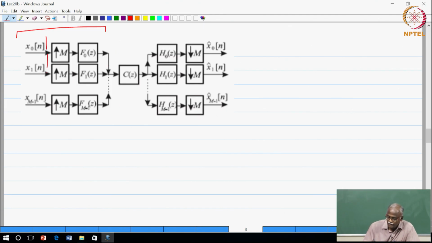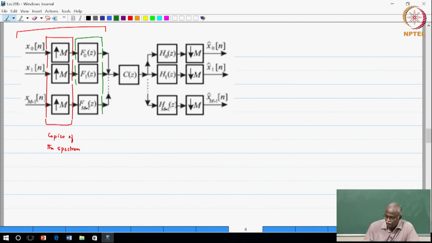If I were to draw a line around this block, this is where the copies of the spectrum are getting generated, am I right? So this is where the copies of the spectrum, as we saw in the 3-channel case, are generated, and the second part is where the filtering occurs to keep the correct copy of the spectrum.